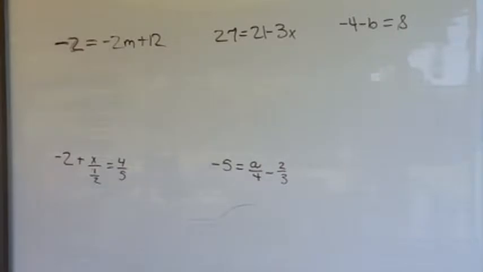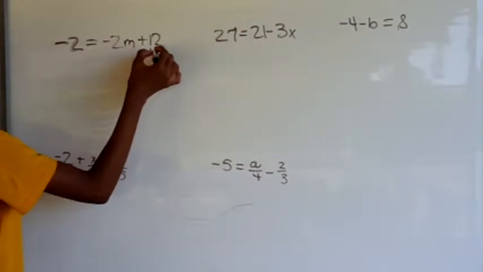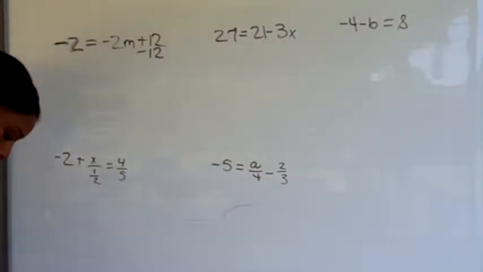Alright, so the first one we have -2 equals -2m plus 12. We're going to subtract 12 first to get the variable by itself.